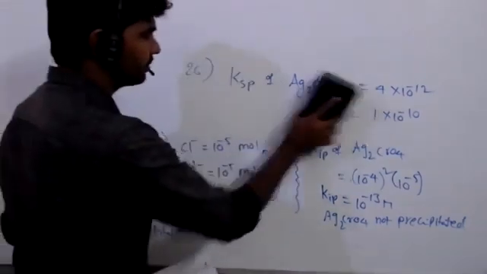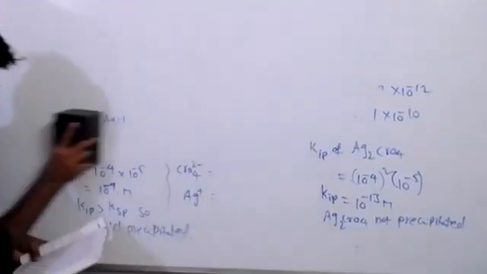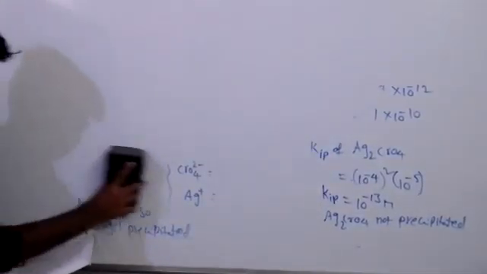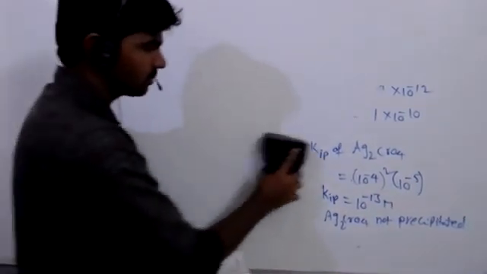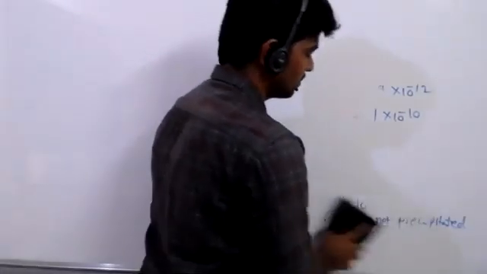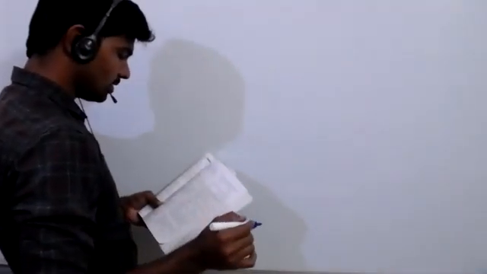Here we have to consider the sulfide ion concentration 8.1 × 10^-19. The solution contains 0.1 mole of zinc and 0.01 mole of Cu2+.